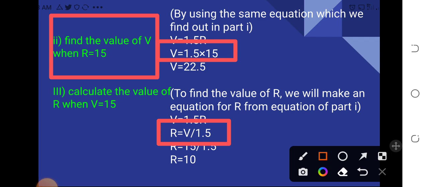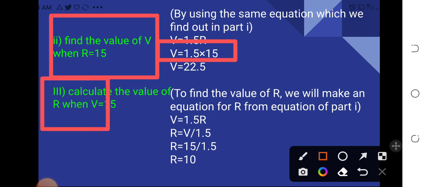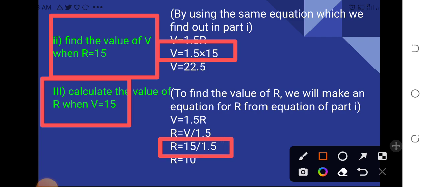Now this is the equation we will use to find out the value of R, resistance. By putting the value of V, which is given in this part, V is equal to 15, in the equation, we get R is equal to 15 upon 1.5. Now when we divide 15 with 1.5, we get the value of R, which is R is equal to 10.